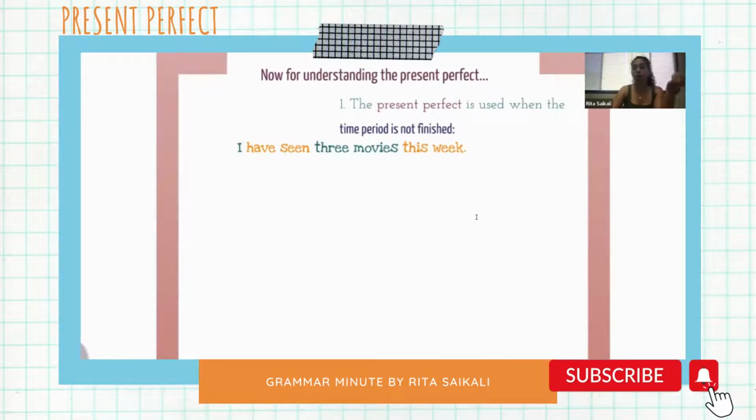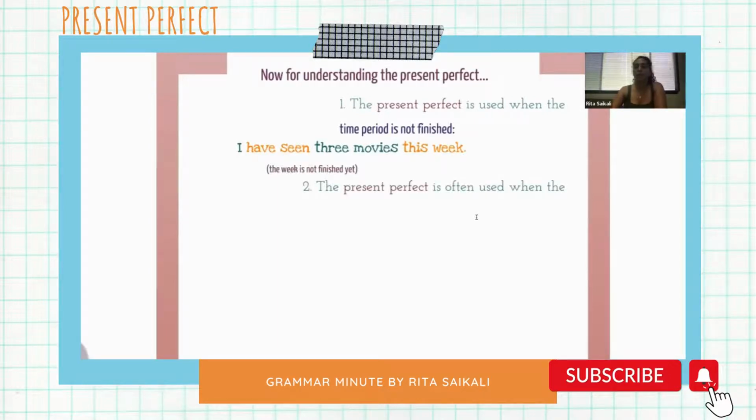The semester is not over yet. And it doesn't matter exactly when I went to Mexico in this semester. It just matters that I did do that. Okay? And it's not done yet, so it's in the present perfect. Cool? Yeah? Awesome. Okay, so the week is not finished yet.